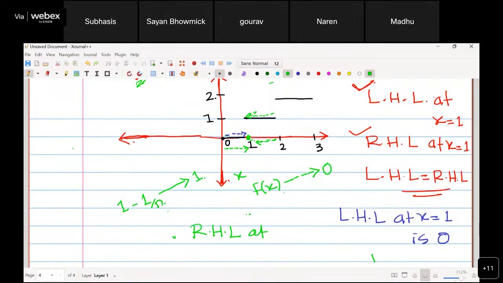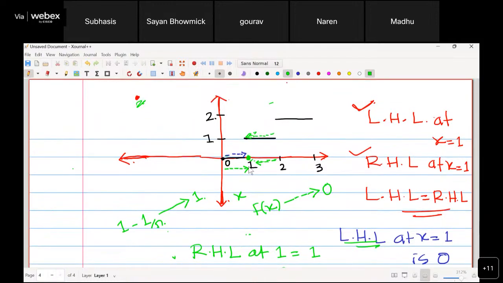So certainly the right hand limit and left hand limit are different, which means at this point 1, the greatest integer function doesn't have any limit.